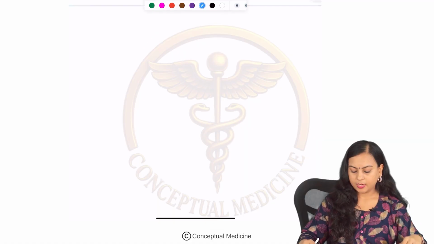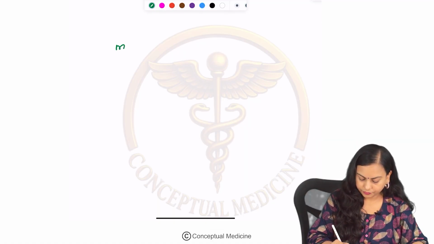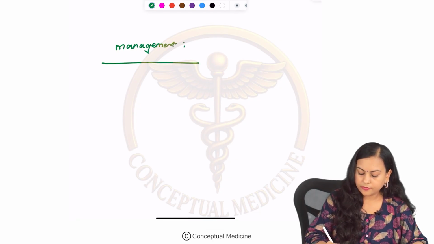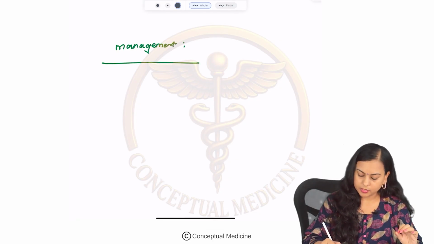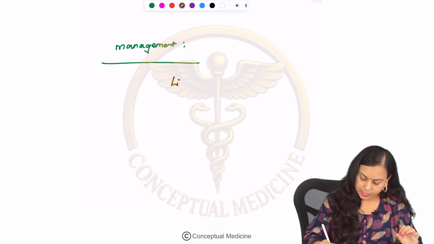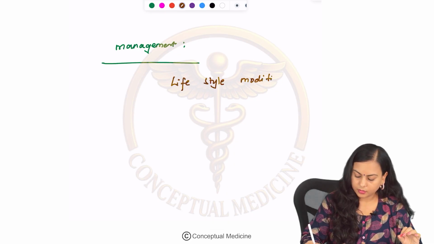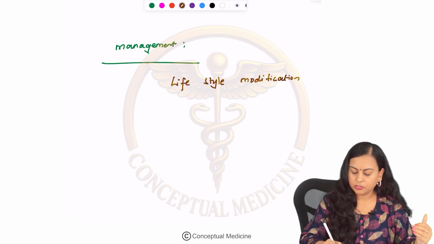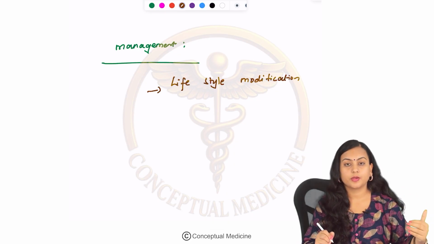Okay, and management of these patients, the first line of management you will offer them is lifestyle modification. Okay, so diet changes, routine exercise should be offered like that.